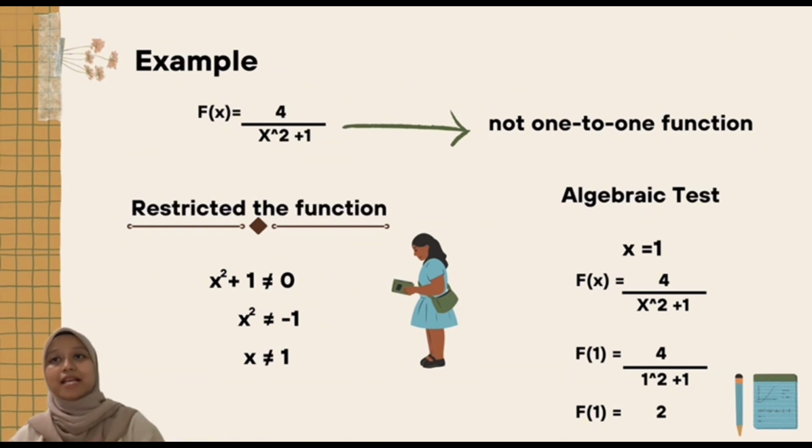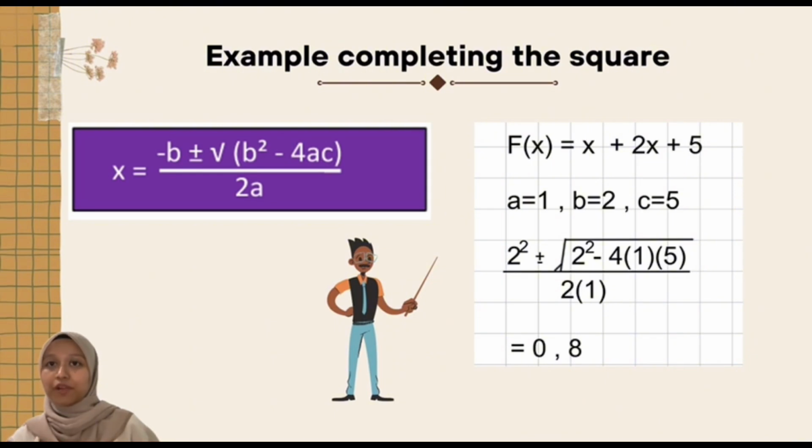Here, what's the example of completing the square? The function that I apply is x squared plus 2x plus 5. Then you need to recognize which are the algebraic A, B, and C. This is because when you recognize which A, B, and C, you need to form this algebraic in the formula.